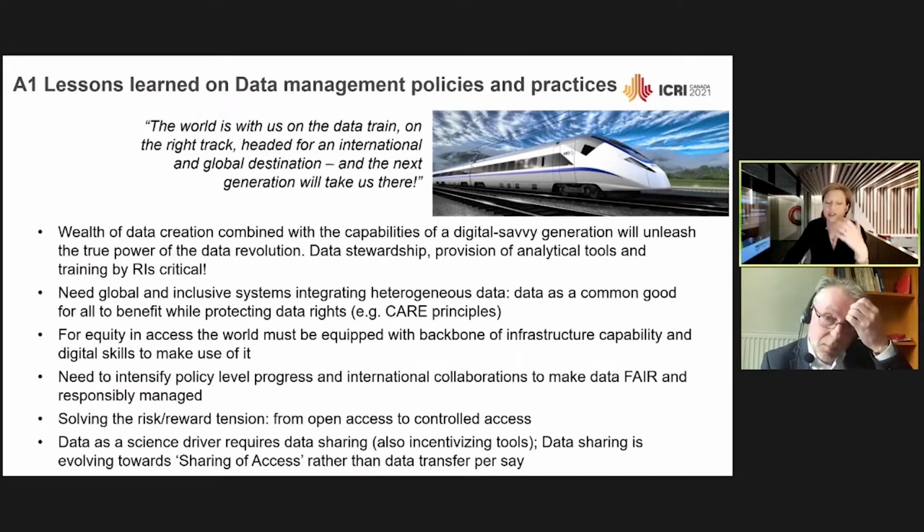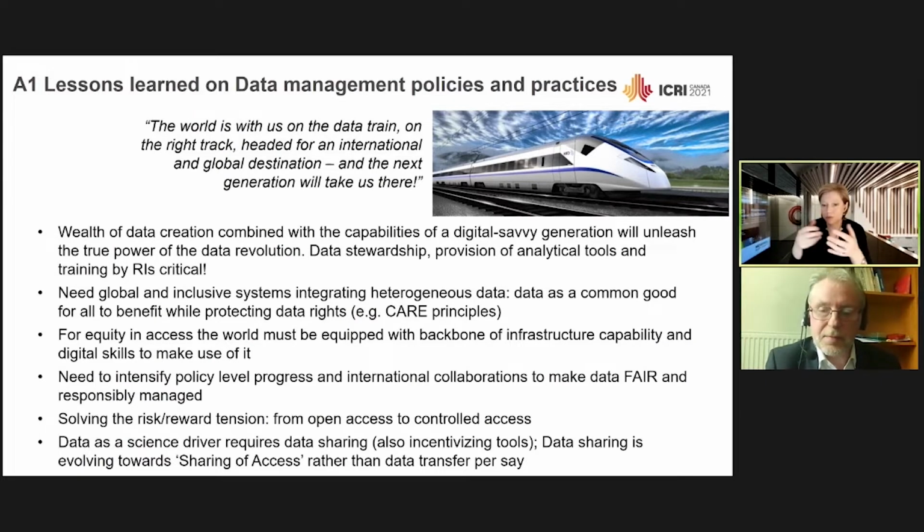And then, of course, a lot of discussion about data sharing and open data. But one important message was that there is a shift in the way we think about sharing data. Instead of sharing data, we should think about sharing access to data.